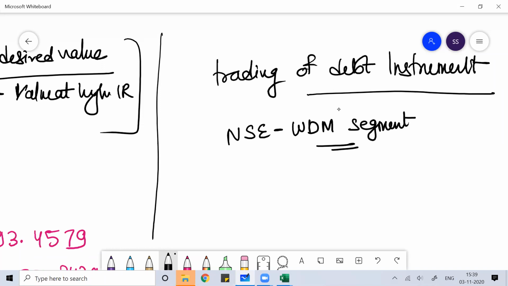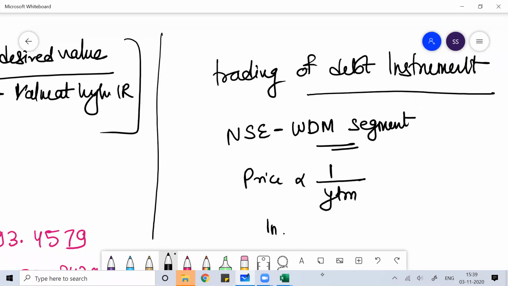Whenever the debt instrument trades in the market, whatever changes happen in the interest rate affect the pricing of the debt instrument. You know that the price of a debt instrument is inversely proportional to the YTM of the debt instrument, or the interest rate in the market, as what happens in the economy, the inflation rate.